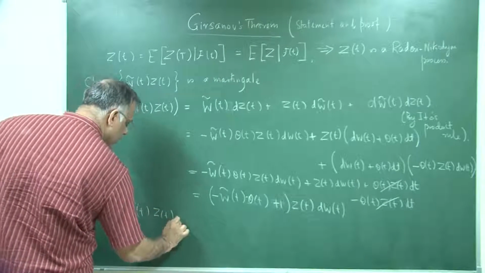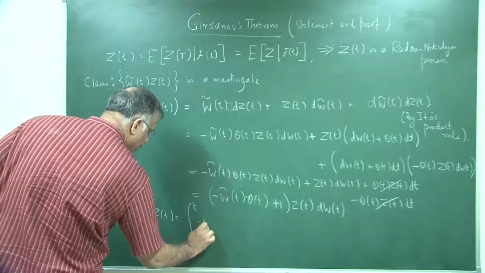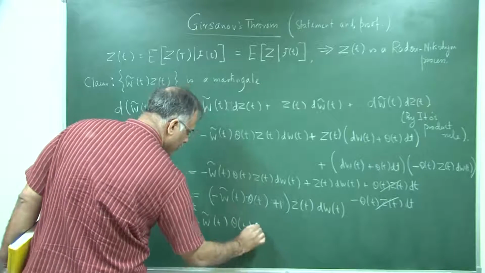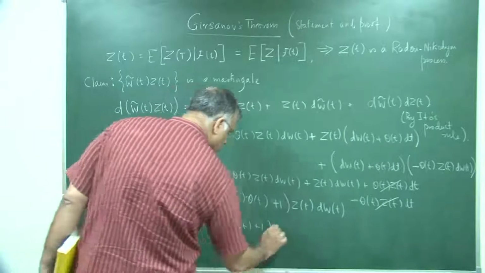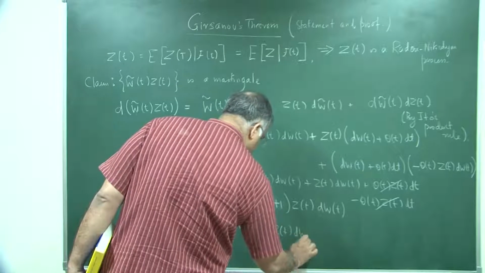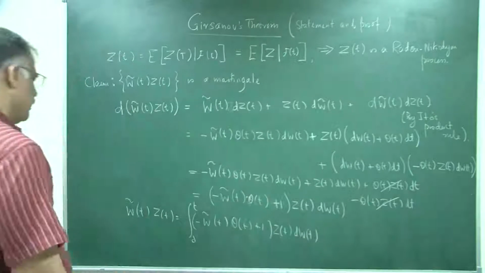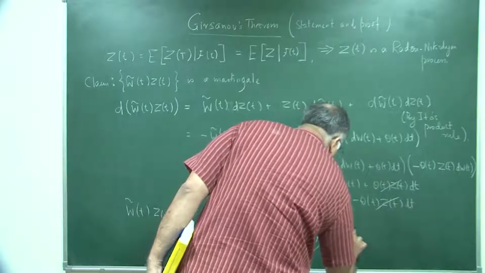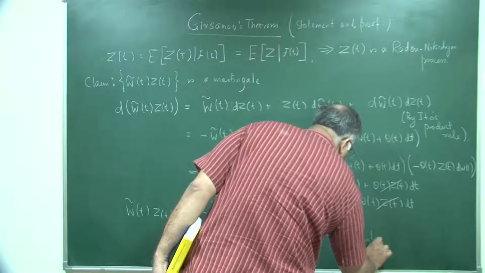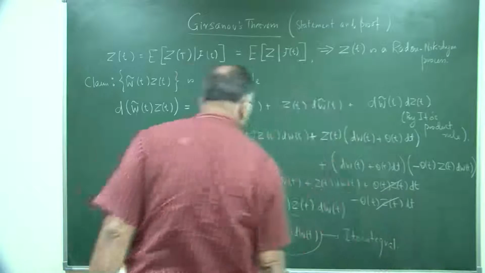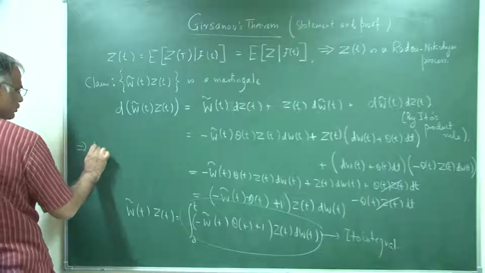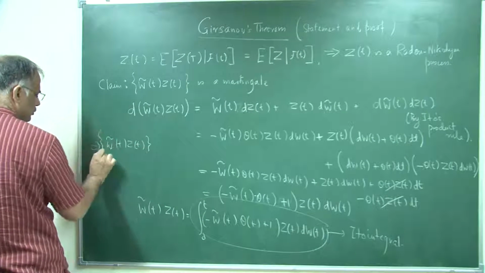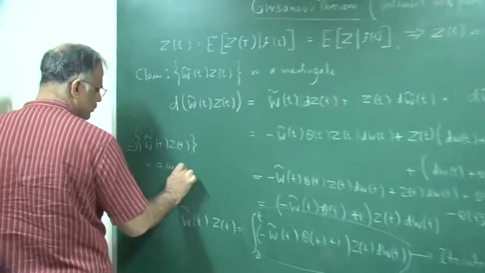Zt is nothing but the integral from 0 to t of minus W tilde t theta t plus 1 Zt dWt, which is an Ito integral. This whole thing is an Ito integral, which is a Martingale. So this would imply that this process is a Martingale.